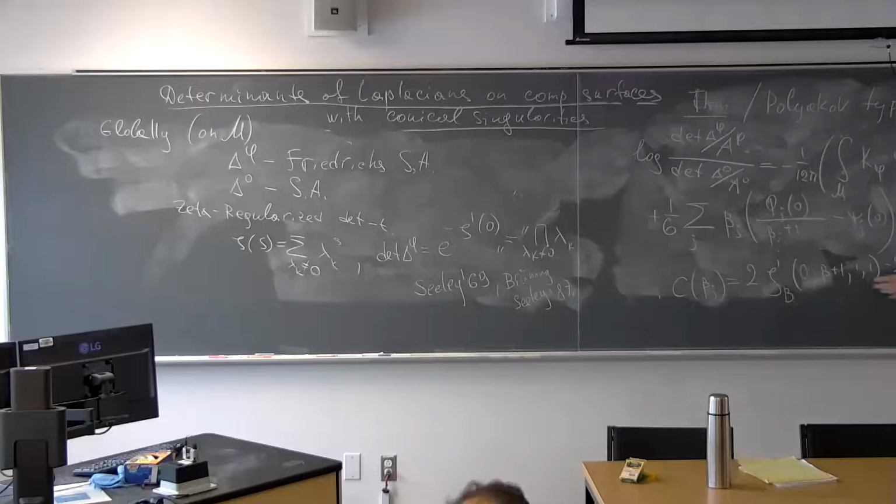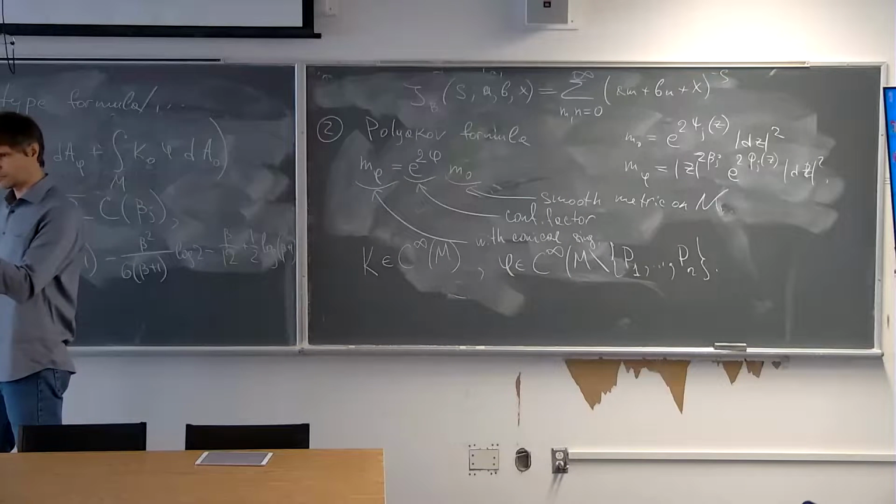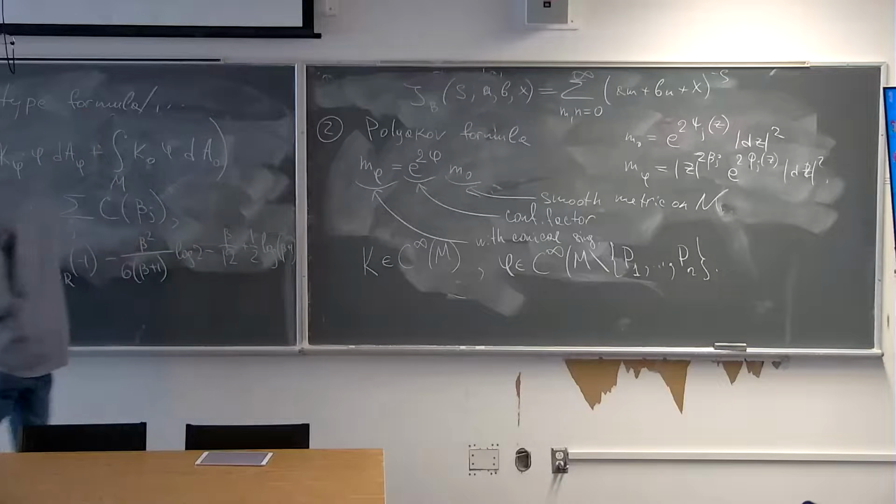Now, in principle, when you write something like this, the next question is whether it depends on the choice of the local parameter or not. So here, this combination is coordinate independent. Whether you write it in one holomorphic parameter or in another one, if they are both centered at the same point at the tip, this thing is invariant.